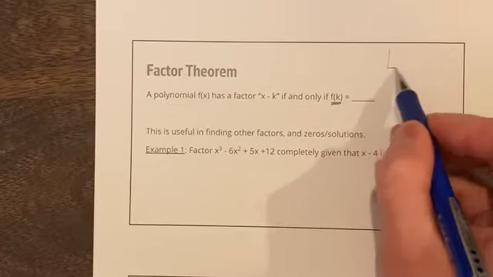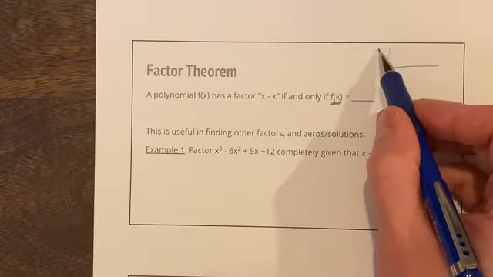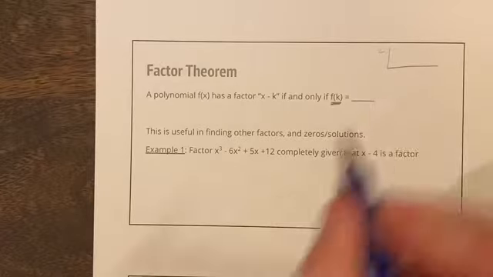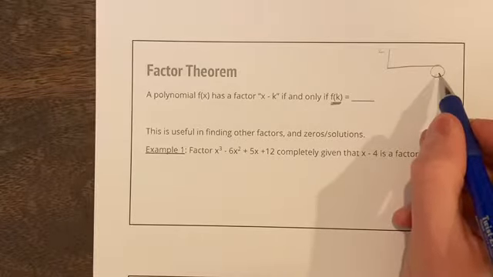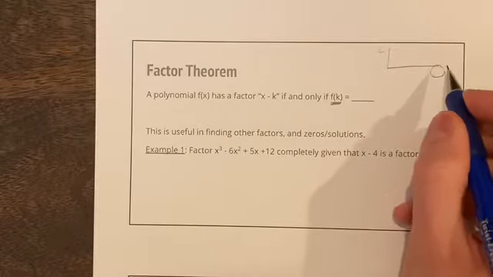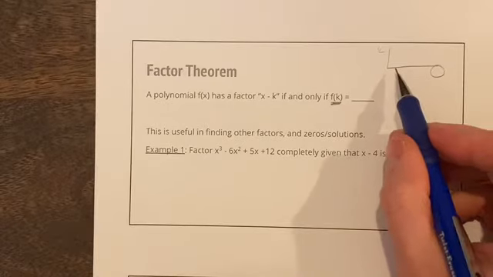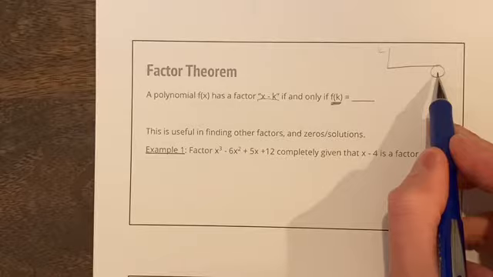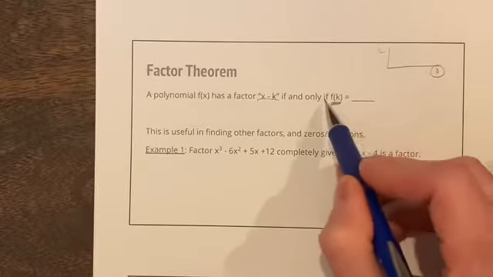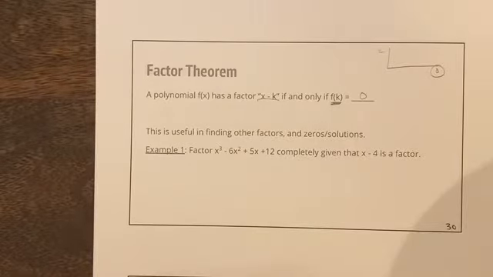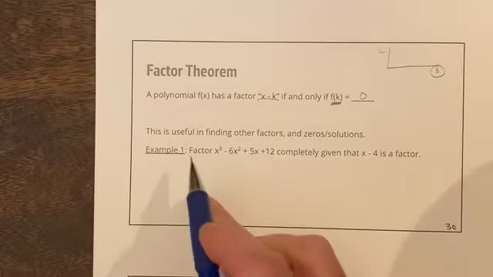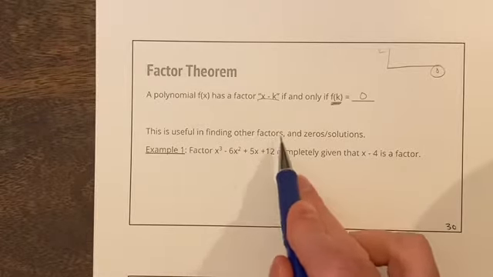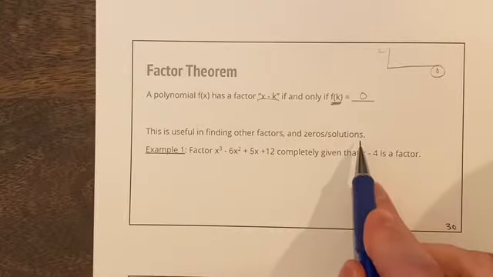And remember, we can find out what f of k is by figuring out what this is at the very end. And we just talked about how if x minus k is a factor, then our remainder would have to be 0. So therefore, f of k has to be 0. So that's something helpful to know. It says this is useful in finding other factors and zeros or solutions.